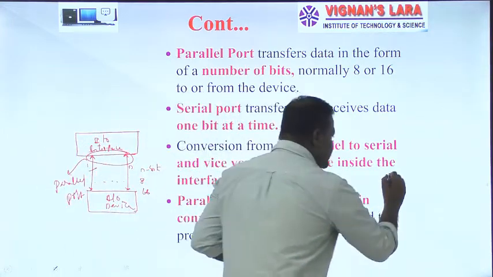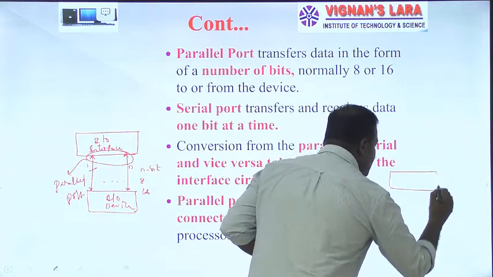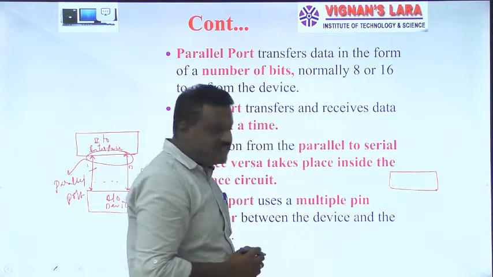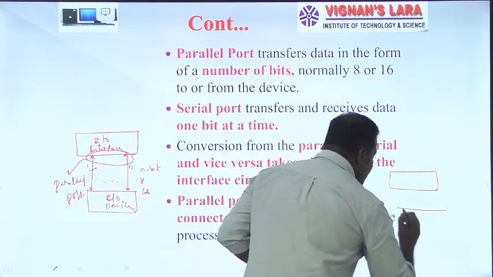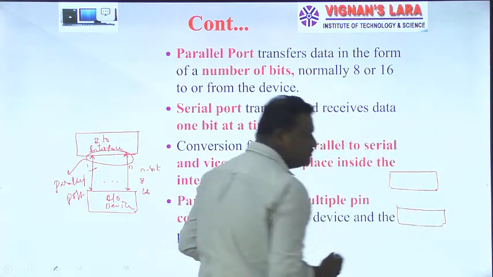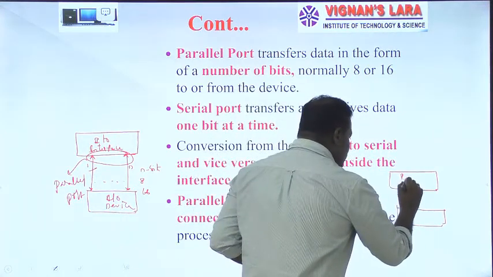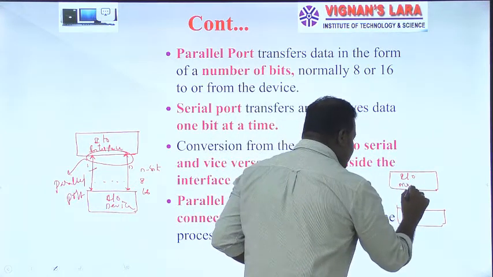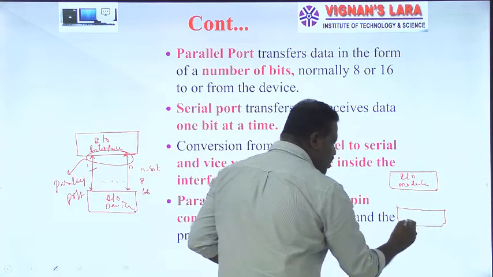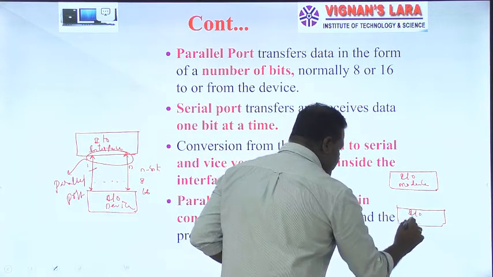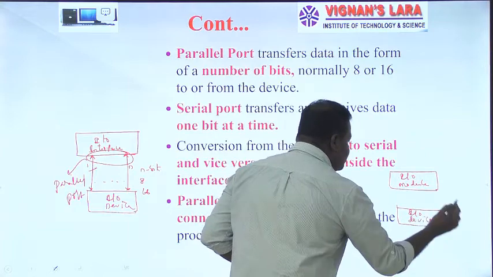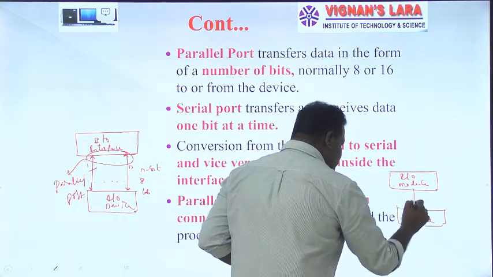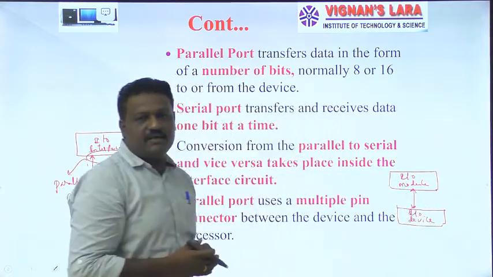So let me assume this is my I/O module or I/O interface, and here I have an I/O device. This I/O module receives or transfers data to this I/O device with the help of only one communication link.